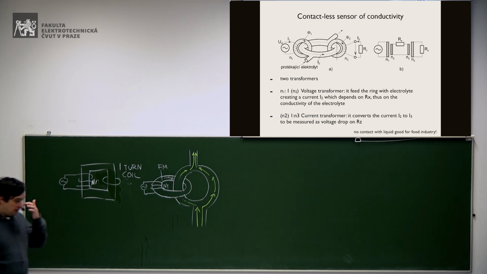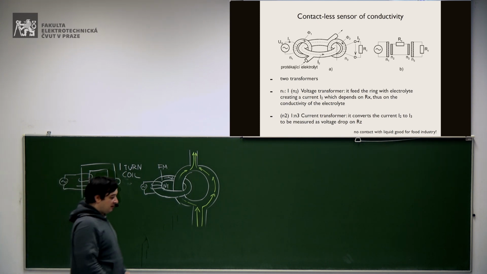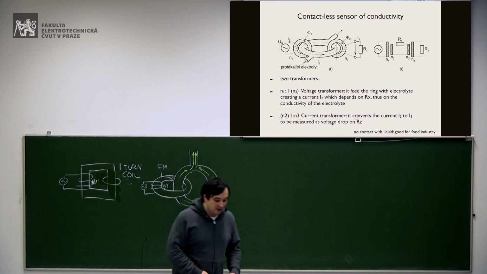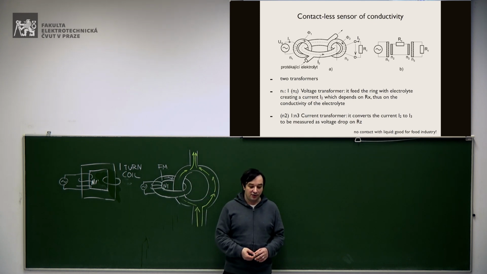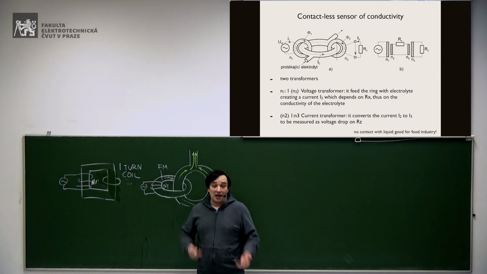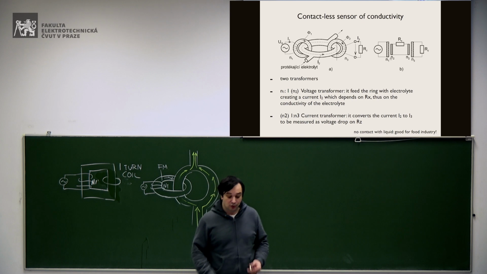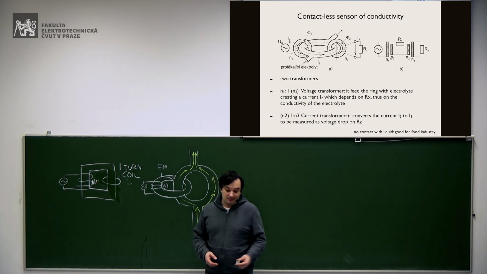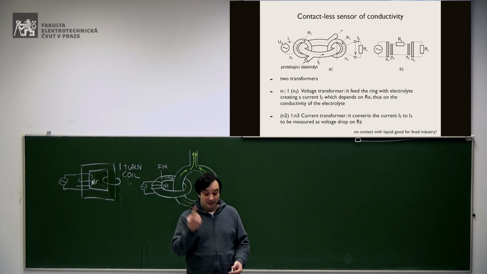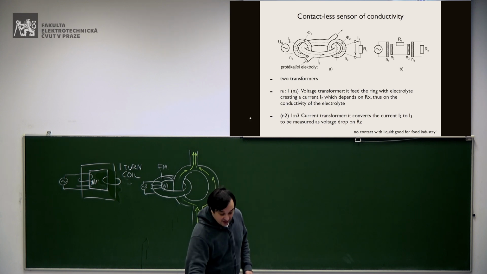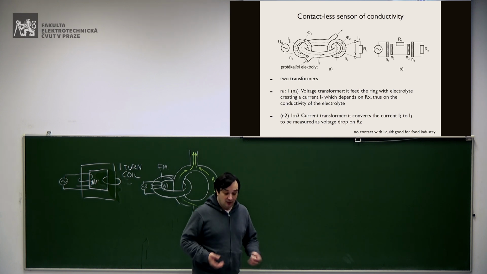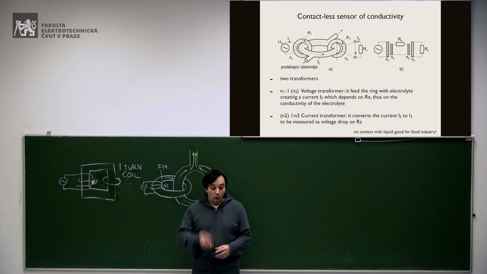So the first transformer is a voltage transformer, which has a ratio N1 to 1. In the equivalent schematic it's written N1 to N2, but N2 in this case is 1. So we can say that the ratio is N1 to 1, where 1 is the one-turn coil.